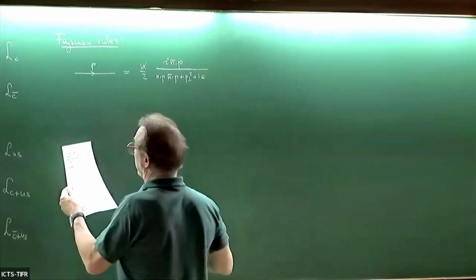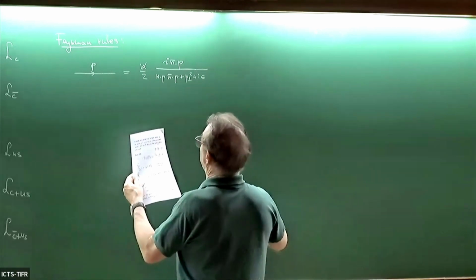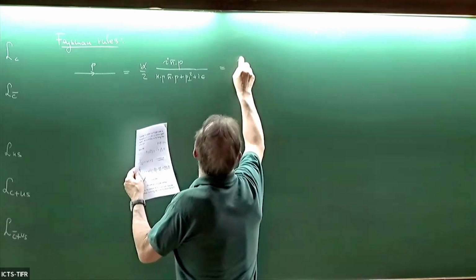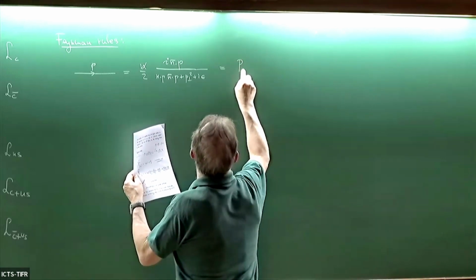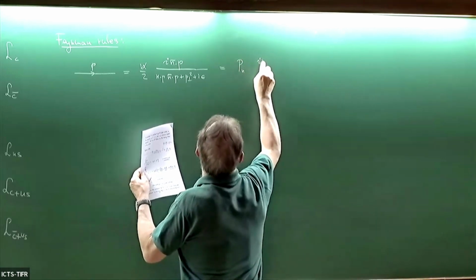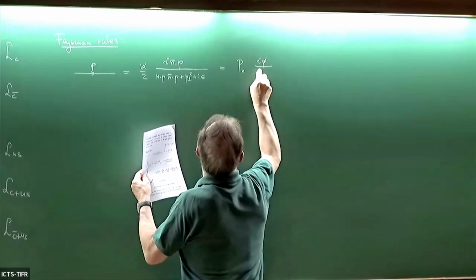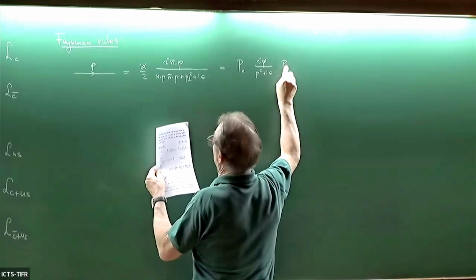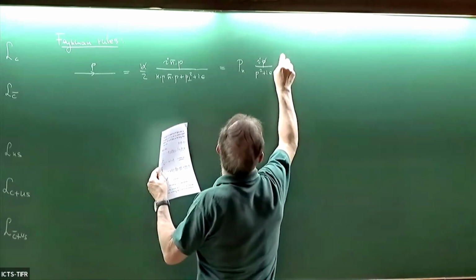That's what you find. And you can write this, believe me, as P_n i p-slash over p squared plus i epsilon times P_n bar.